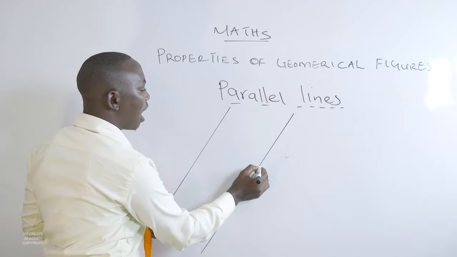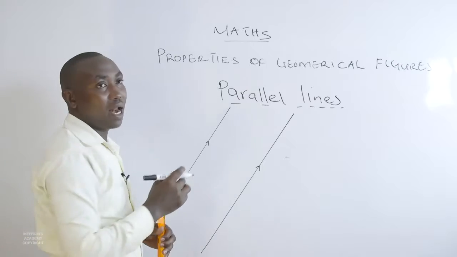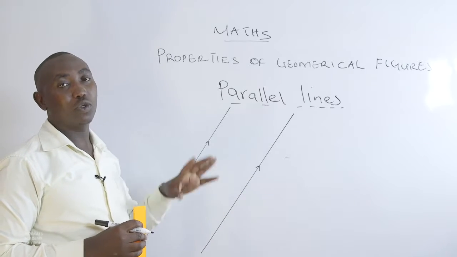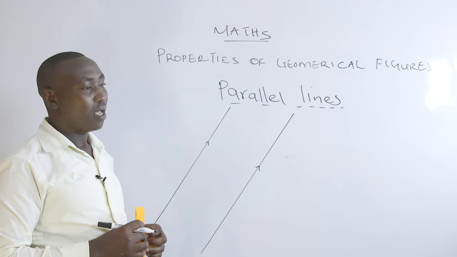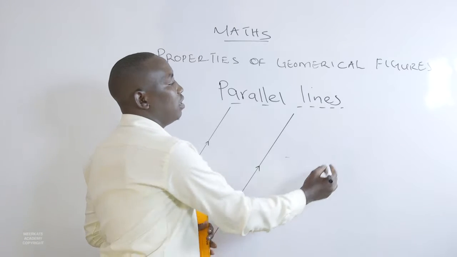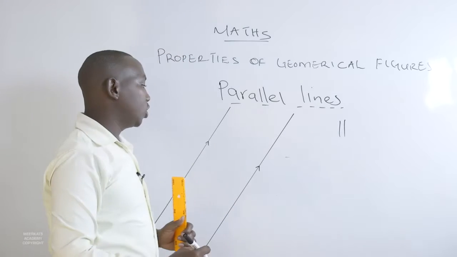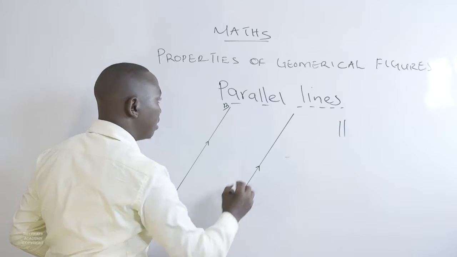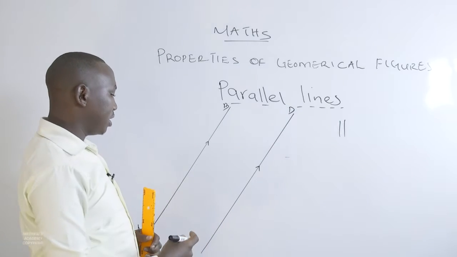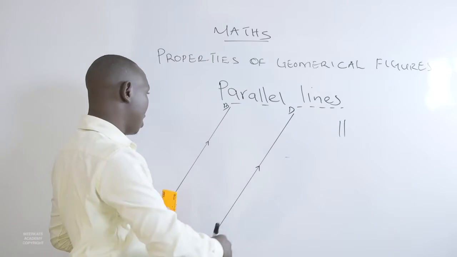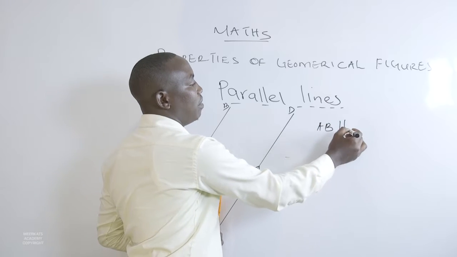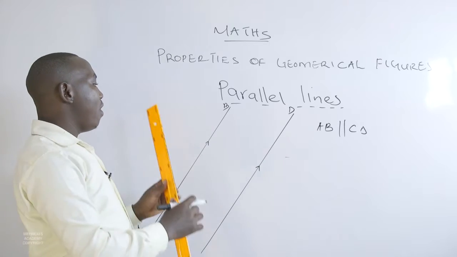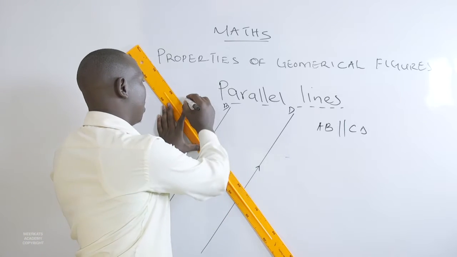Such lines are what we refer to as parallel lines, and we normally denote them using this arrow to show that they can never meet. And we normally use these two strokes to show that these two particular lines are parallel. So given line AB and CD, and you want to say that they are parallel, then we talk about AB being parallel to line CD. We have talked of a transversal.